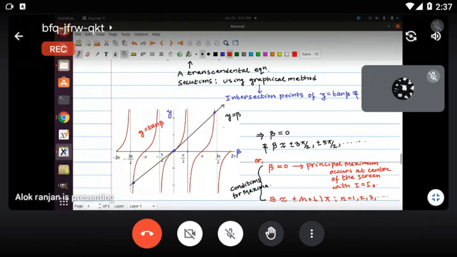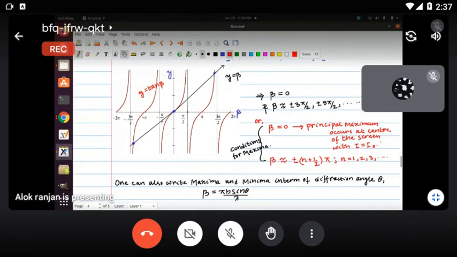We found that when beta equal to 0, that condition is satisfied, and then when beta is almost equal to plus minus 3 pi over 2, similarly plus minus 5 pi over 2, the condition is satisfied. So we got the solution through this graphical approach.